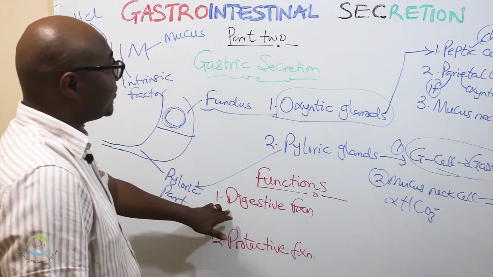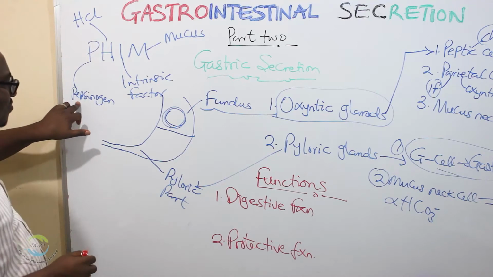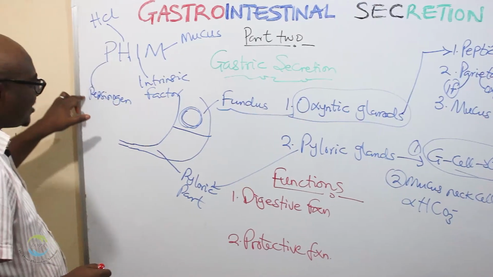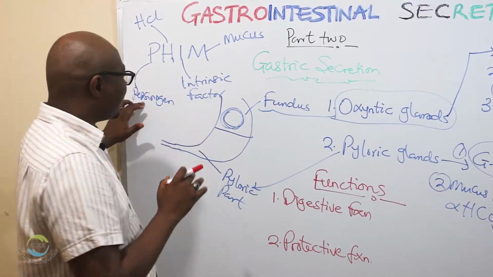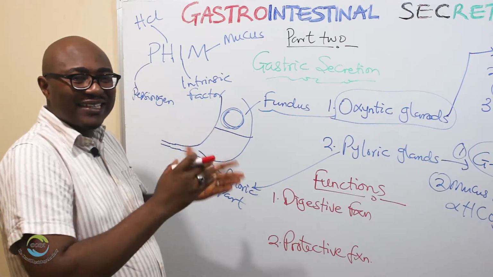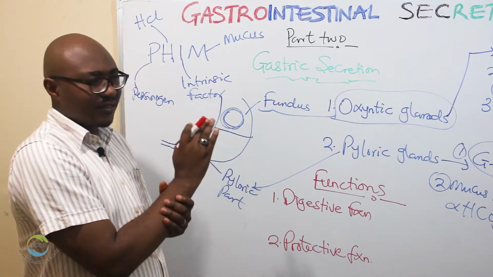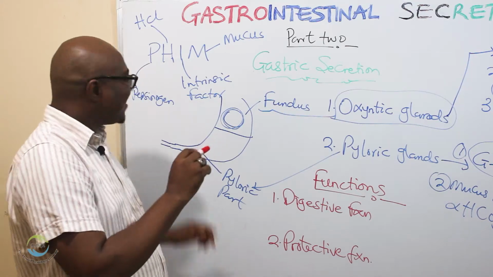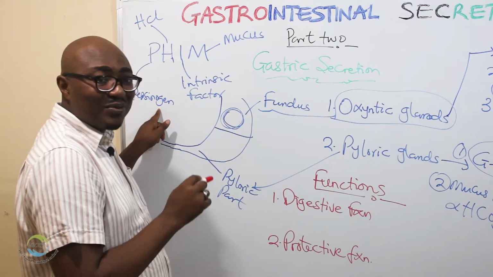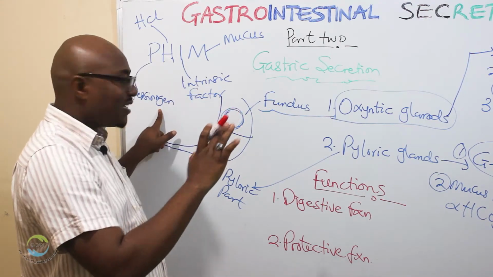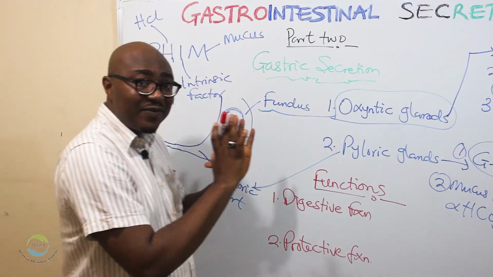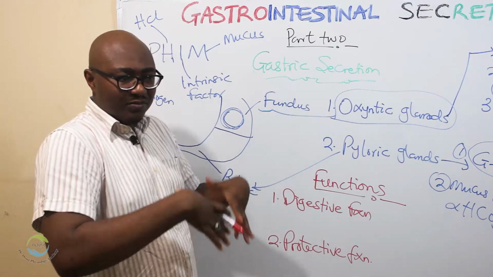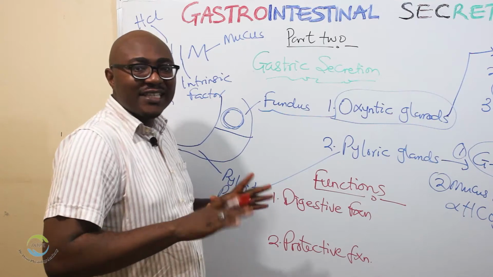So digestive function is mainly from pepsinogen. And this pepsinogen is a protein enzyme that digests protein. And why do protein digesting enzymes always come in the inactive form? It is because a lot of the body's substance is made up of protein.